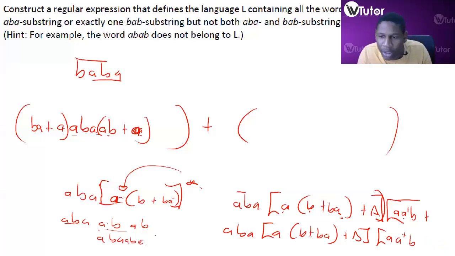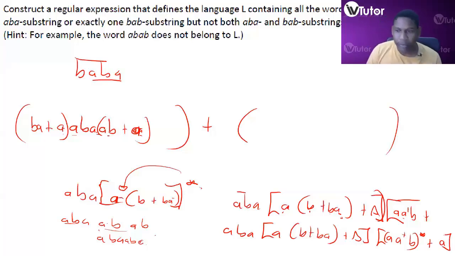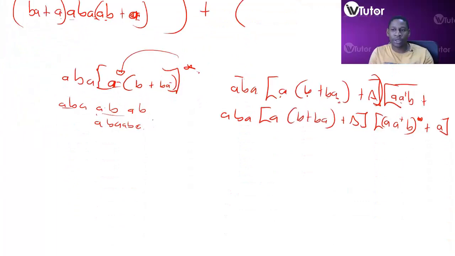So you can either repeat this, or we can simply end with an A, and then we stop here. Right. So let's put this on a new page so that we see what we've done.